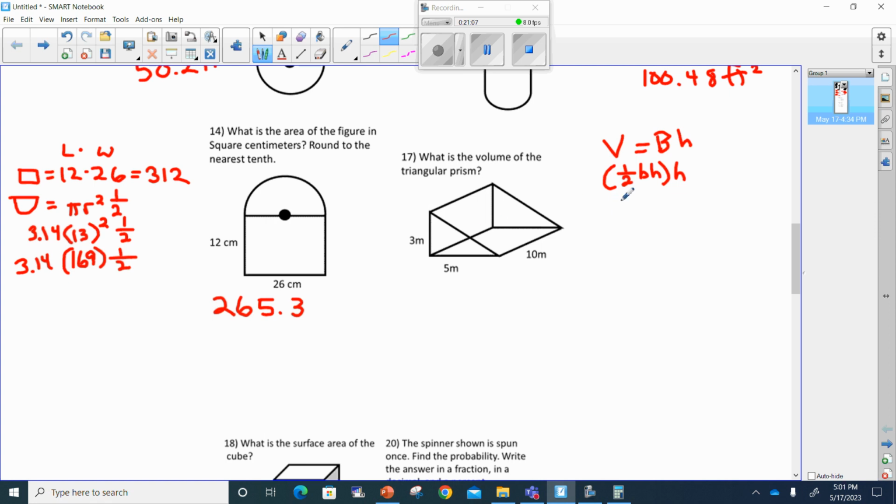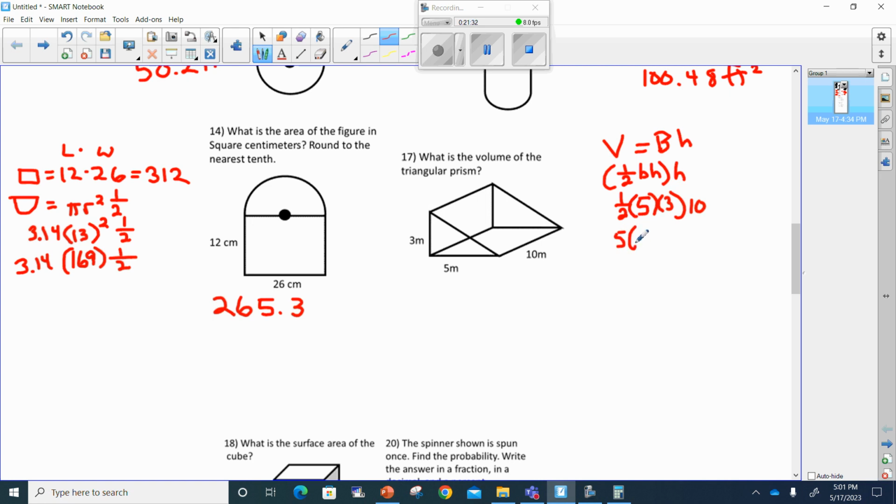Well, I know that this is going to be 1/2 times 5 is the base times 3, which is the height. And then we're going to multiply it to the height of this prism, which is 10. Well, I know that 1/2 times 10 is 5.